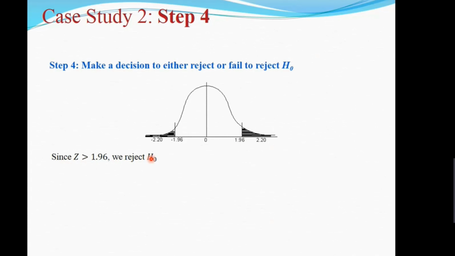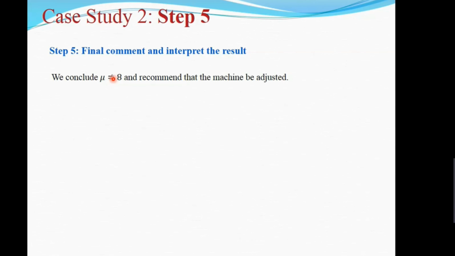So that means whatever null hypothesis we have taken will be rejected. We have taken 8 as the mean, so that will be rejected. So we conclude that mu is not equal to 8 and recommend that the machine be adjusted. That means whatever medicine we are packing in that tube, it should be 8 ml, but we concluded from the test that the machine is not filling the medicine properly.